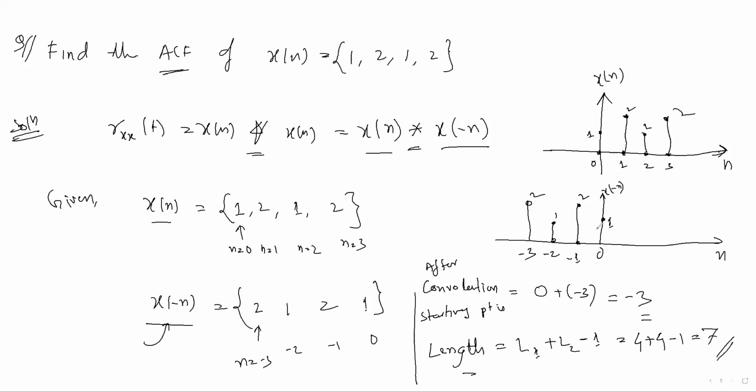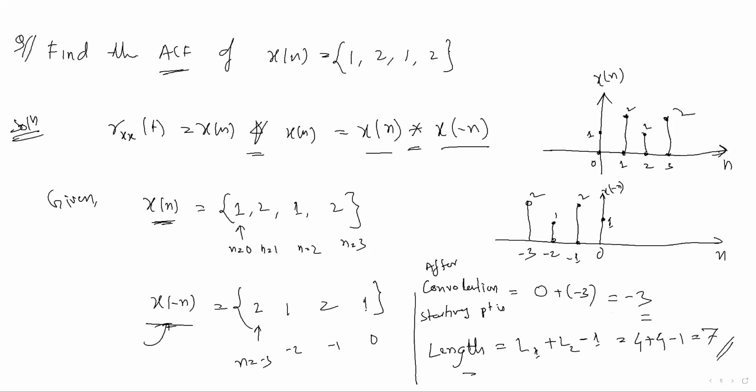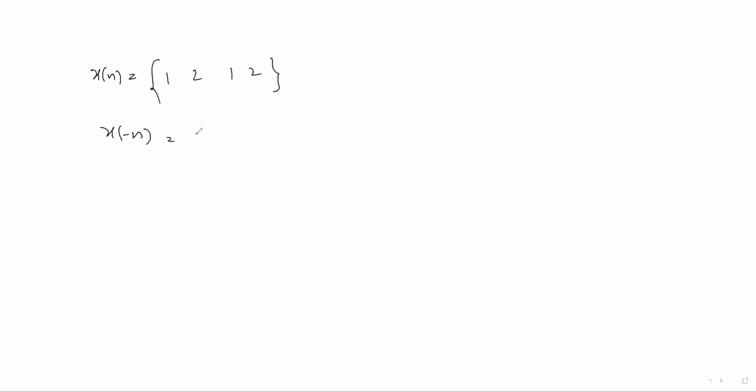Now let's come to how we can compute the convolution. Can I proceed to the next page? We already know x of n equals 1, 2, 1, 2, and x of -1 minus n equals 2, 1, 2, 1.